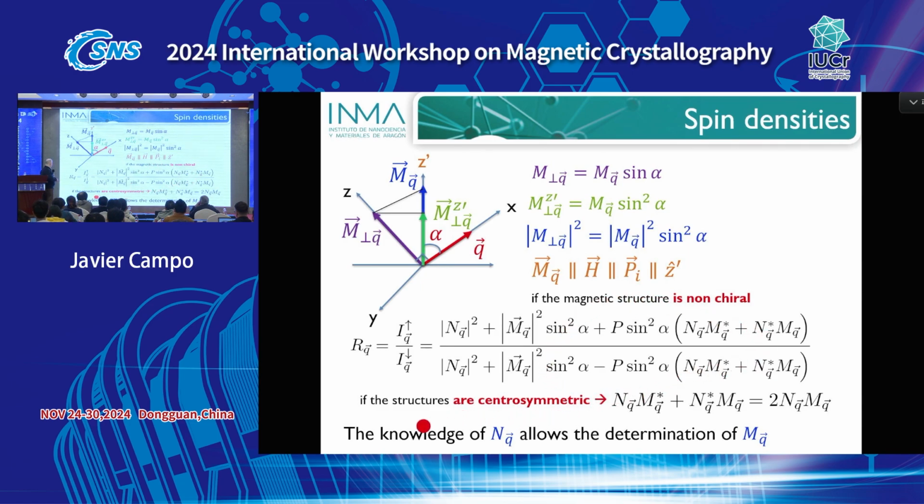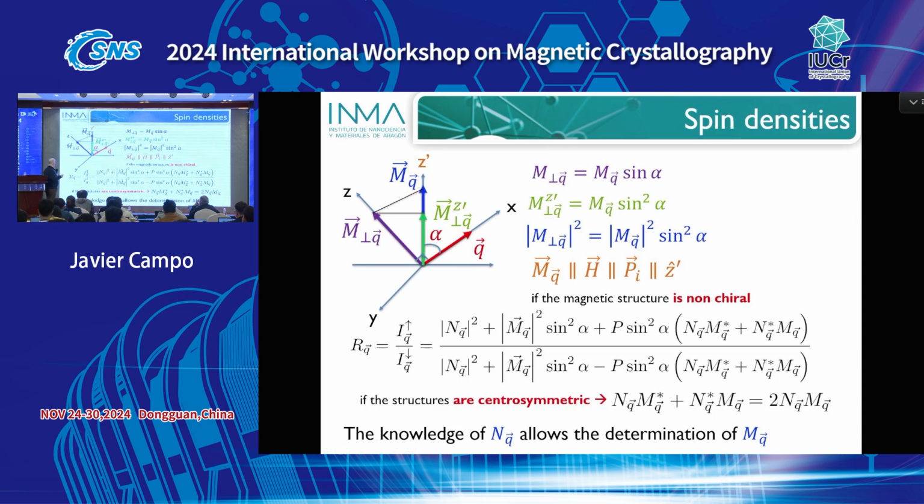If the structure is centrosymmetric, then it's very easy. If not, we can also work with this expression, but it's a little bit more complicated. Then the knowledge of the nuclear structure factor allows the determination of the magnetic structure factors, which at the end will give us the information about the spin density or about the magnetic form factors.